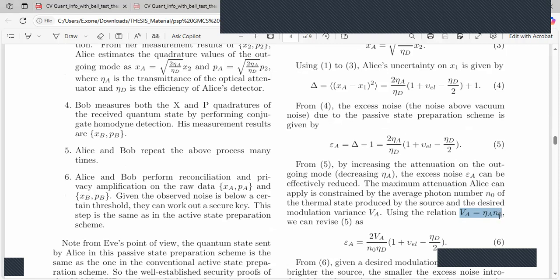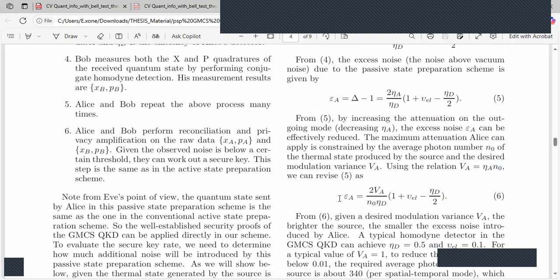If we put that expression in the noise expression, we get a relation with the state preparation noise and the variance that Alice is using, or the temperature value of the thermal state.